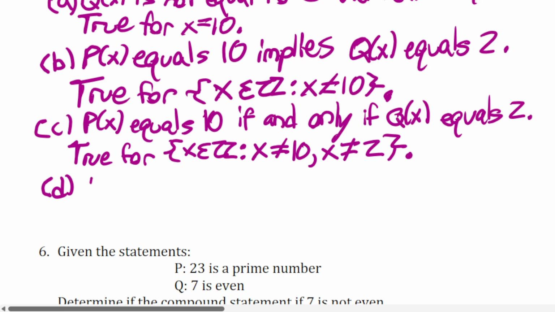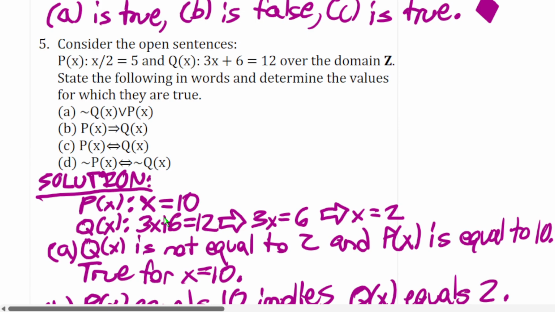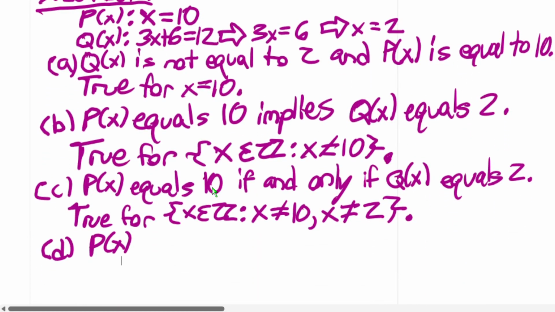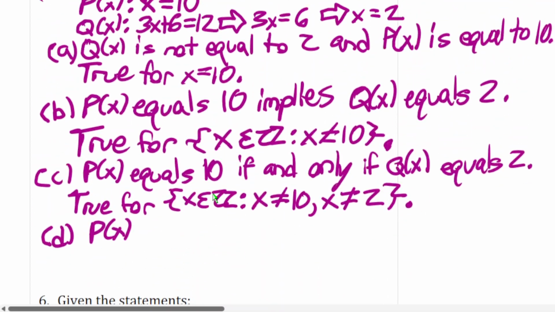All right, for the fourth part, let's scroll back up here. We're writing out the biconditional of not P(x) and not Q(x). And just for clarity, B was about P(x) implies Q(x), and the C is the biconditional of P(x) and Q(x).